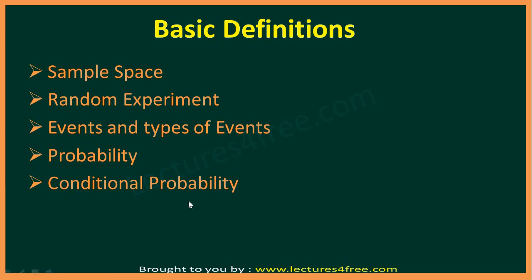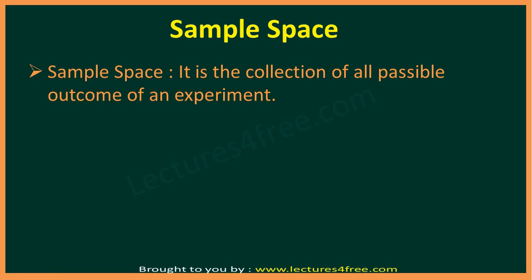So guys, let's start with sample space. Sample space is the collection of all possible outcomes of an experiment. Let's suppose an example: if our experiment is tossing a coin one time.